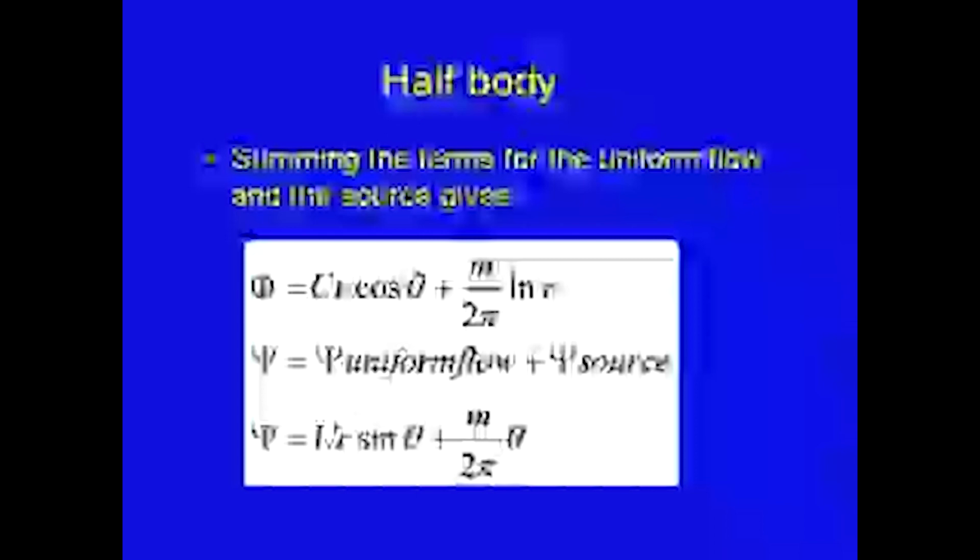So finally, with this superposition of the source over the uniform flow, the velocity potential is ur cos theta plus m by 2 pi natural log r, and the stream function is ur sin theta plus m by 2 pi theta.